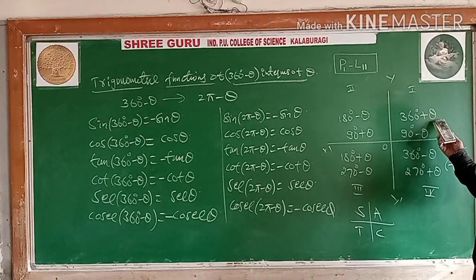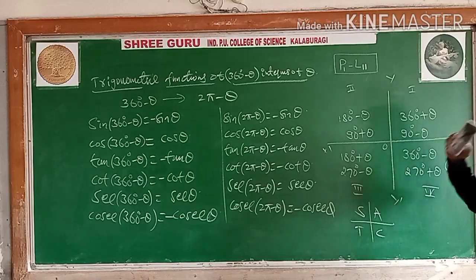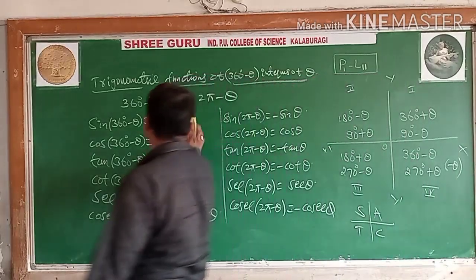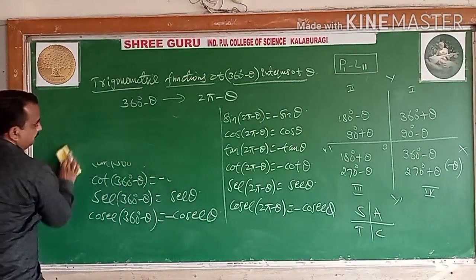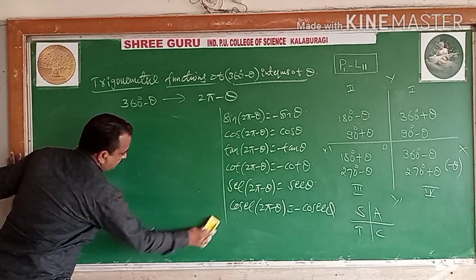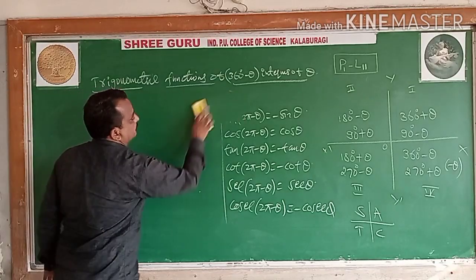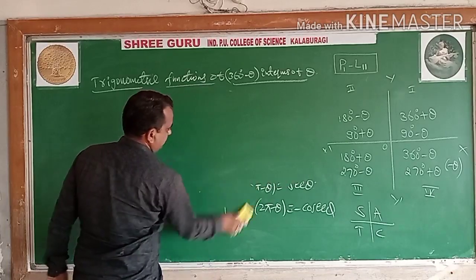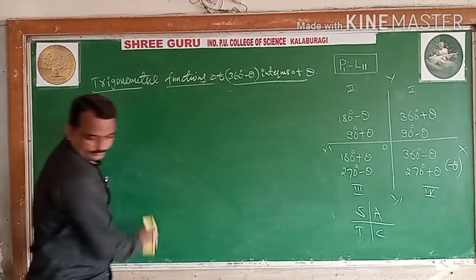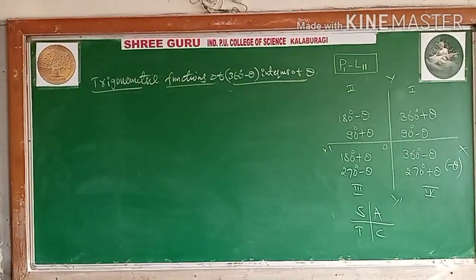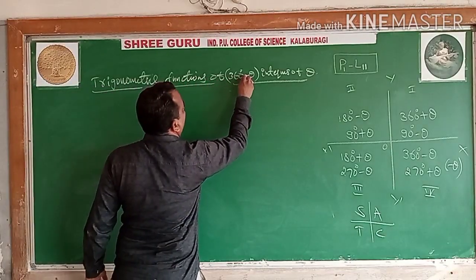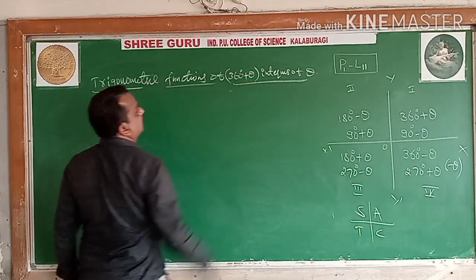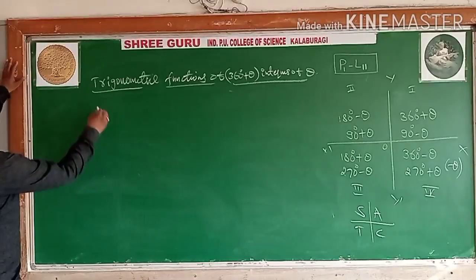Now let us come to 360 degrees plus theta. Here I will write directly the trigonometric functions of 360 plus theta in terms of theta.